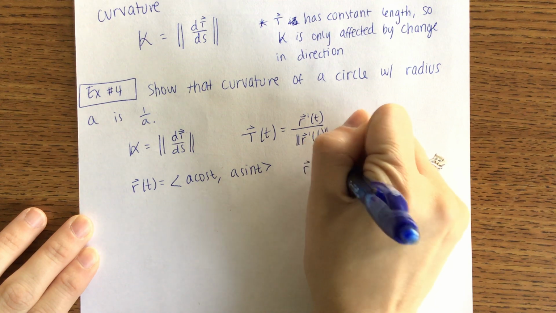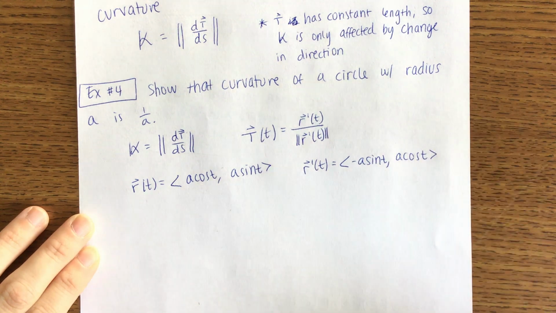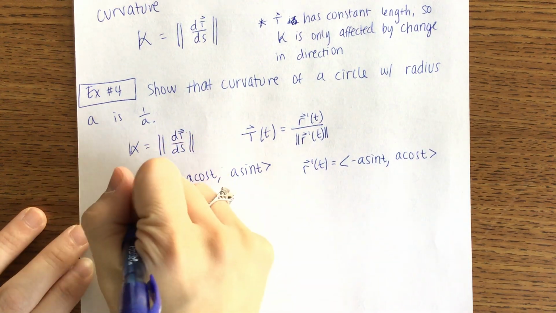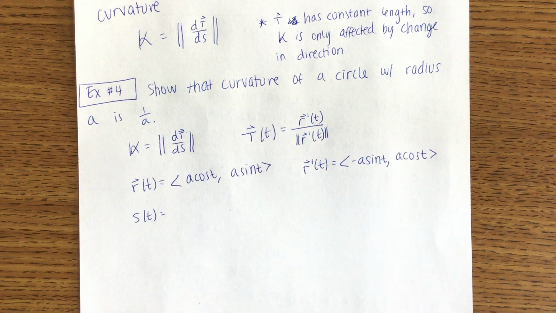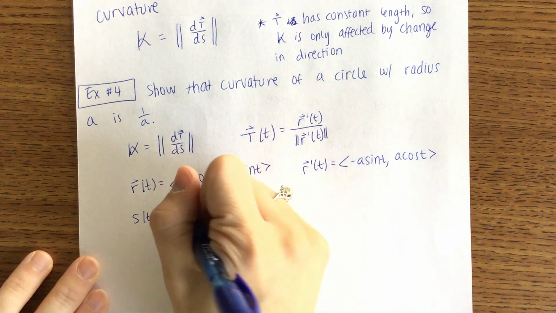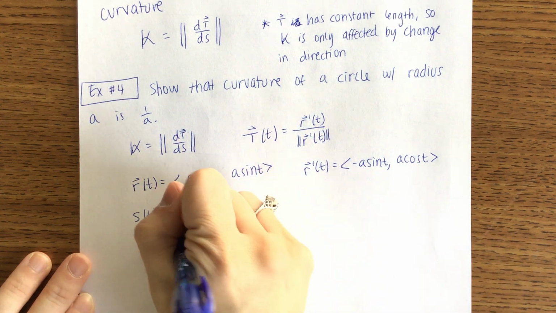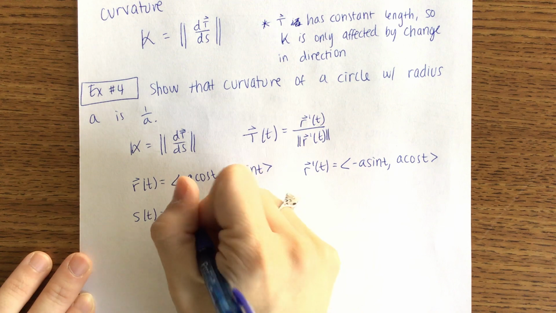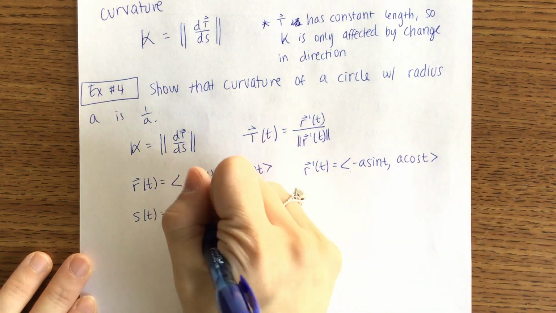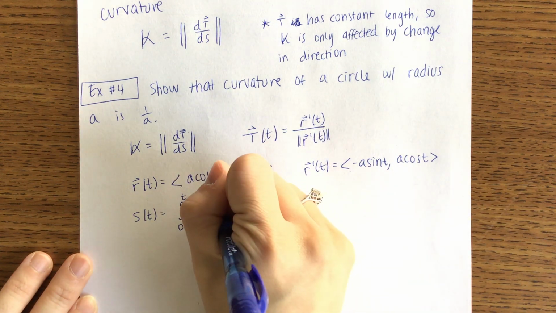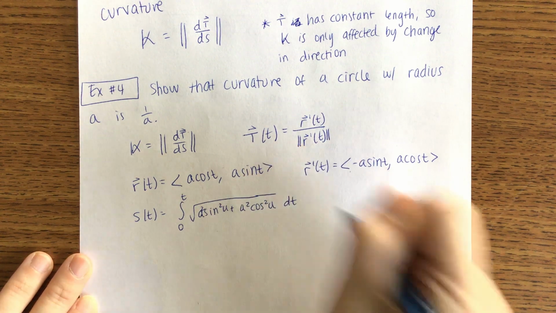We're going to need r prime of t, which will be negative a sine t and a cosine t. We're going to find the arc length parameterization. So that's what we did earlier. We're going to start at 0 and integrate towards t. And then it will be the norm of this vector, remembering to use u. So it will be a squared sine squared of u plus a squared cosine squared of u, du.